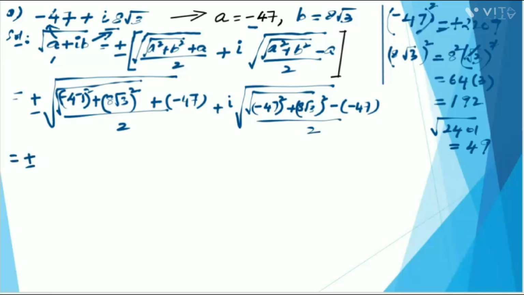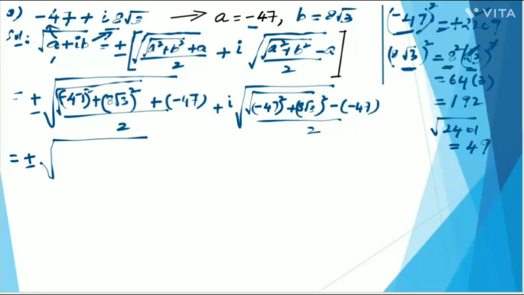This is equal to plus or minus whole square root. Now minus 47 square is minus square will become plus, and 47 into 47 is 2209. 8 root 3 whole square, when you solve this you have to write this square with 8 as well as root 3. We have written this square and root gets cancelled.